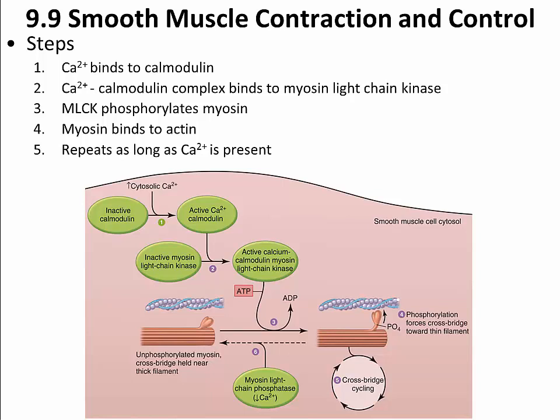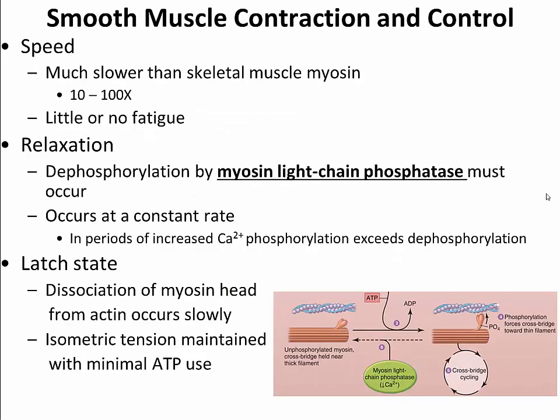Contraction will continue and the use of ATP will continue until myosin light chain phosphatase comes along and dephosphorylates the myosin head. What we notice in the case of smooth muscle contraction are a couple of differences relative to skeletal muscle. One is that the speed of contraction in this case is much slower than the speed of contraction we observed in skeletal muscle.